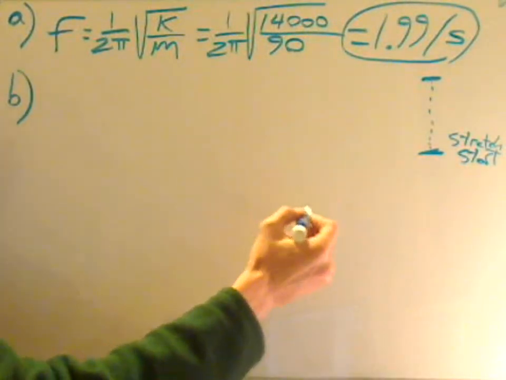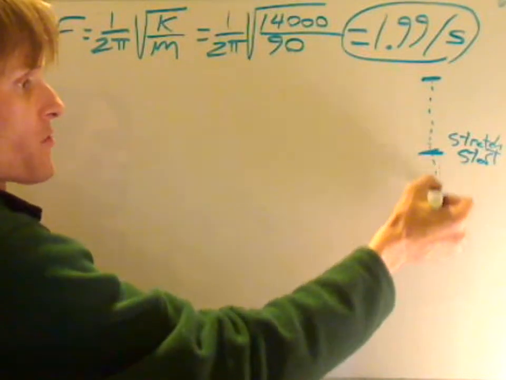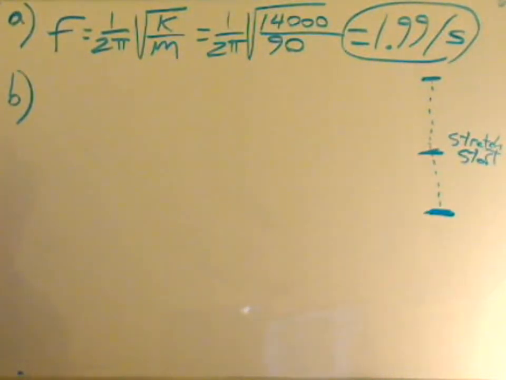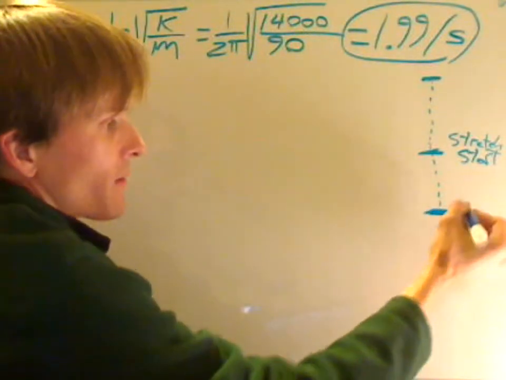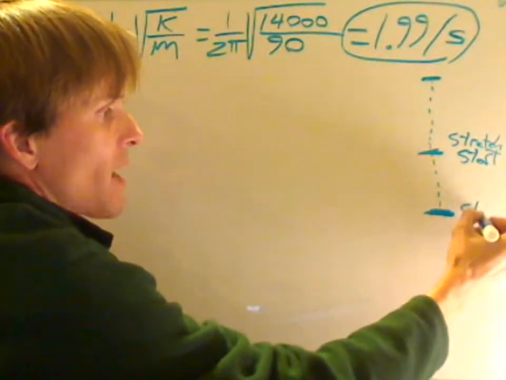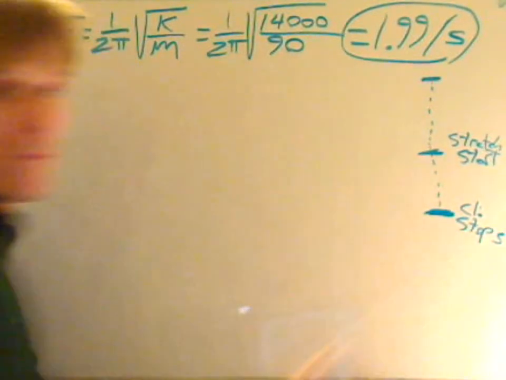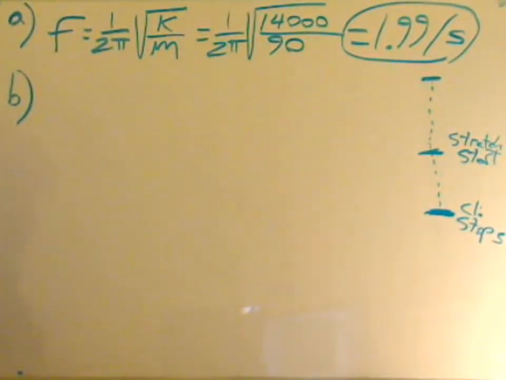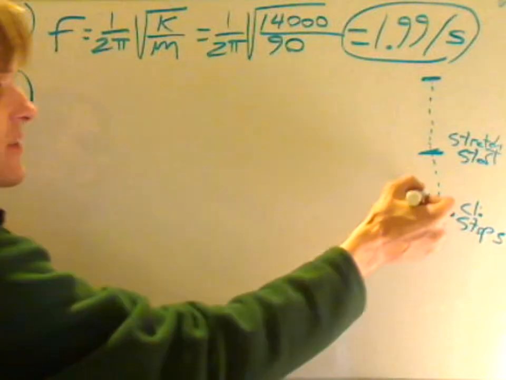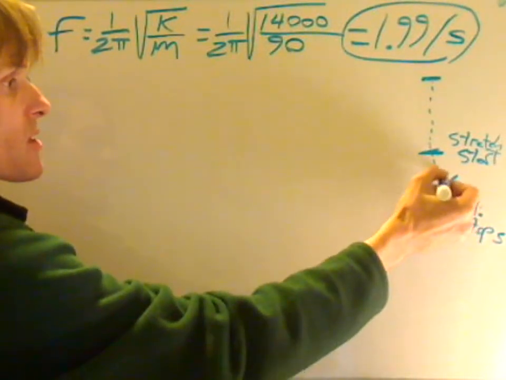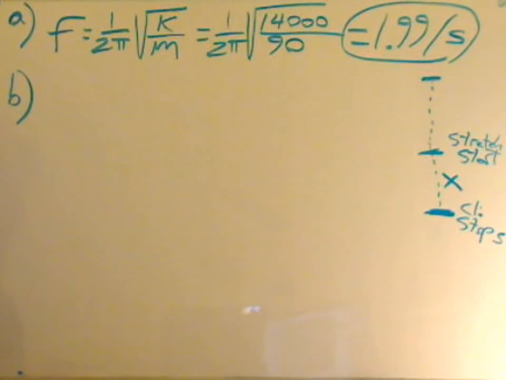and then the rope stretches further until the rope is fully stretched and the climber stops. So the climber stops here. Okay? And we want to figure out this distance x here. How far does the rope stretch in stopping the climber? Okay? So that's how we're going to set this up.